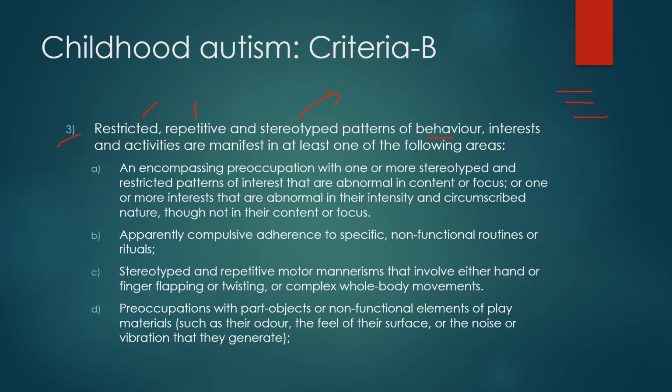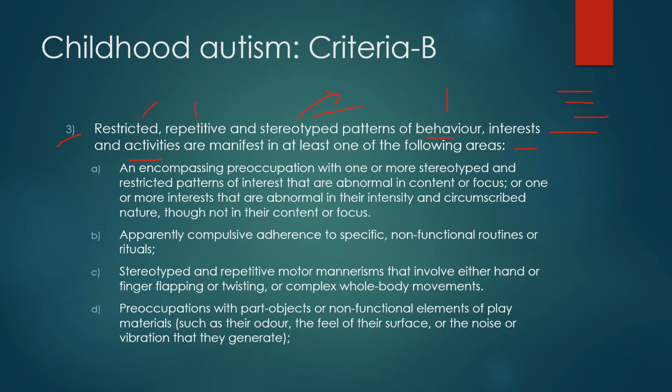That means the moment you see this person behaving in that way, you know that it is him or her, because you know that this person always behaves in a similar way. So that is the stereotyped pattern of behavior where you can identify that person and they repeatedly do the same thing. And that is with the behavior and their interests and even other activities.